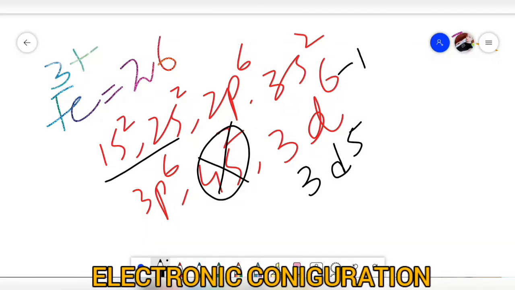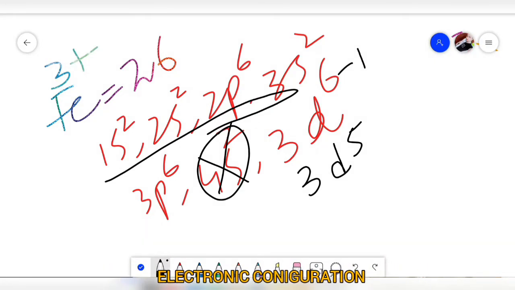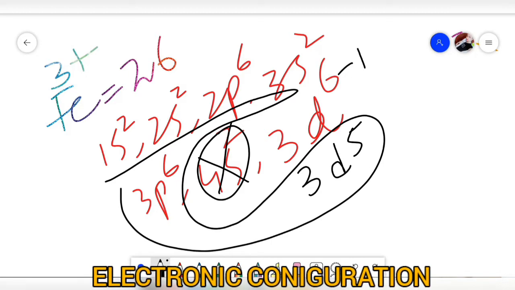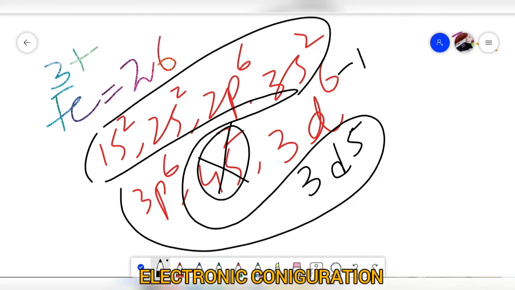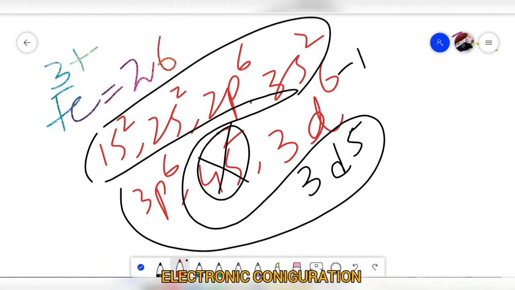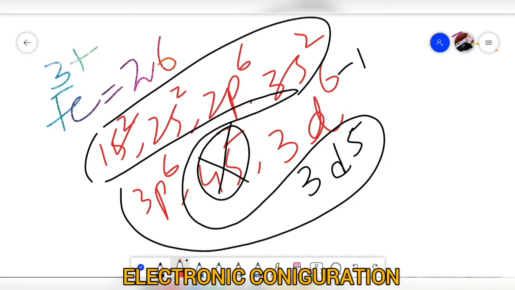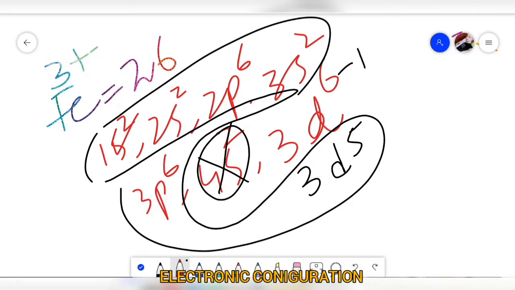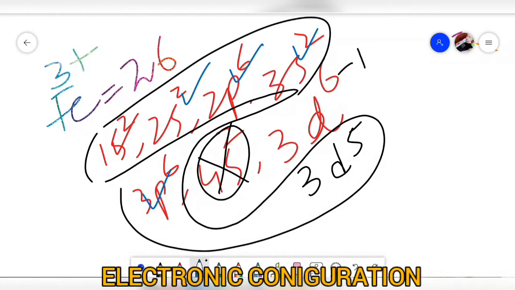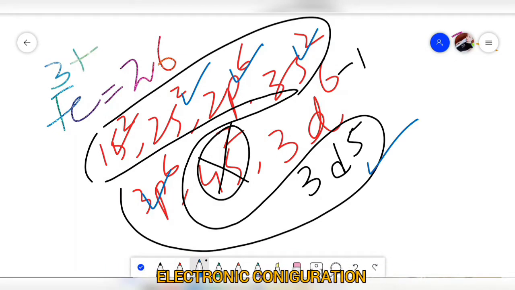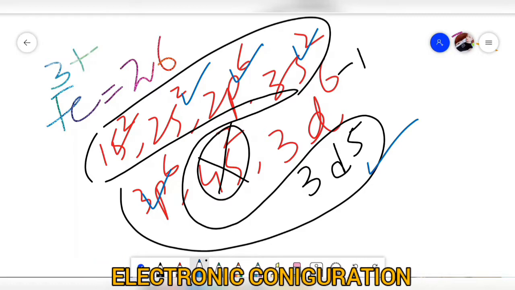So the configuration for iron 3 plus is 1s2, 2s2, 2p6, 3s2, 3p6 and 3d5. Right? Clear? Yes, sir.